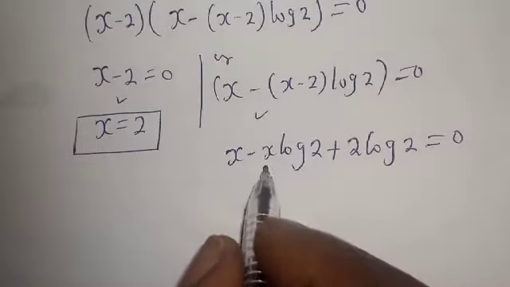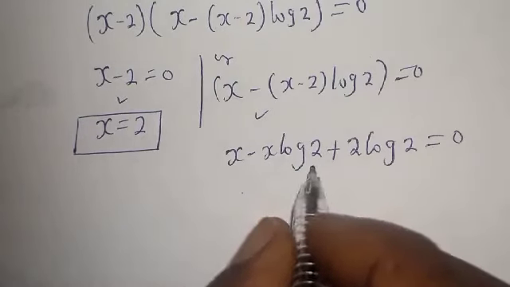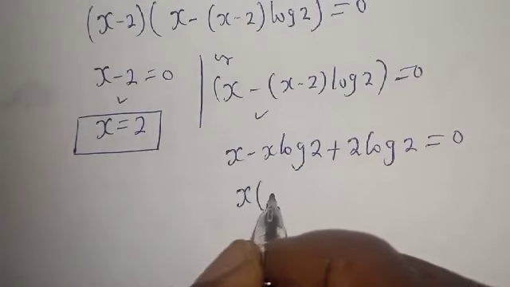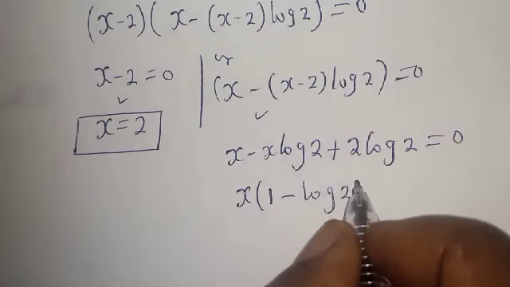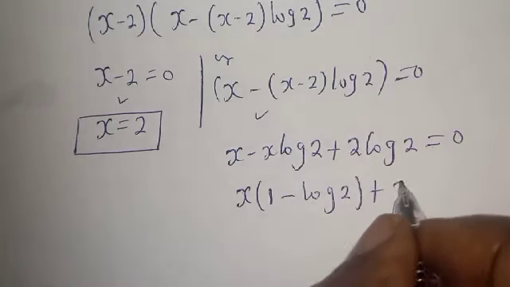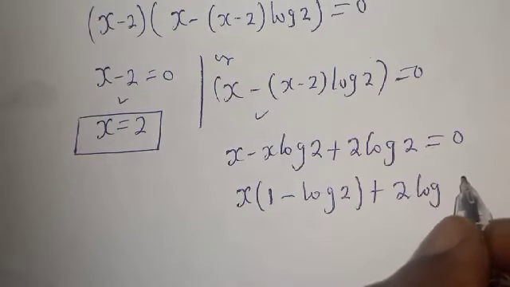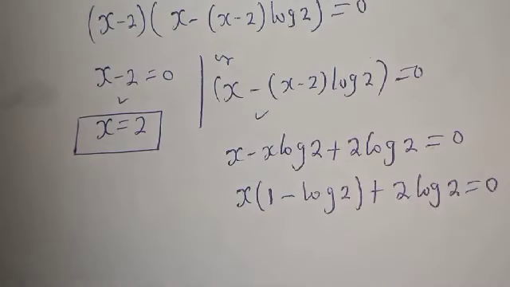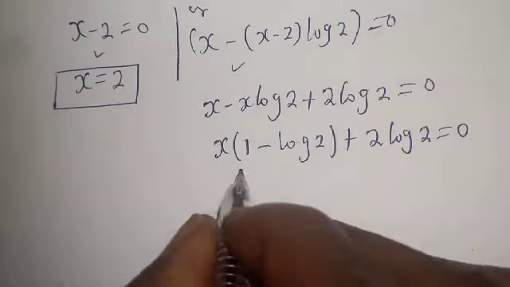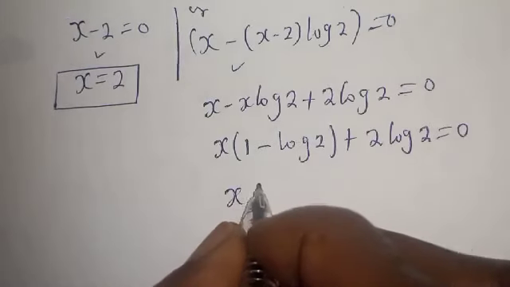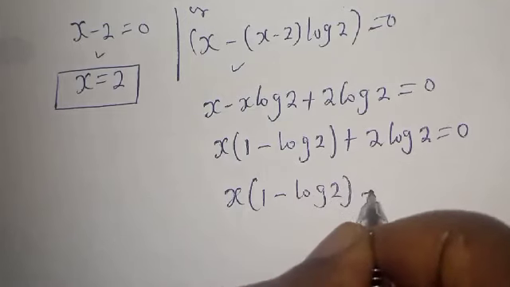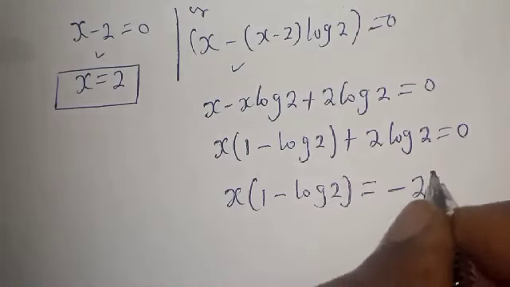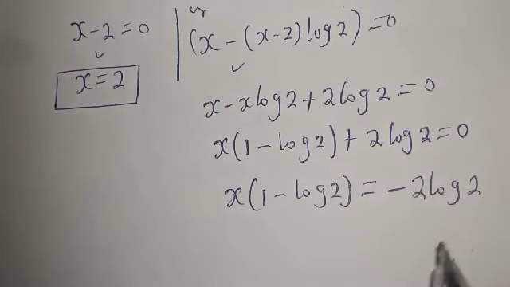Now let's factor x out. x bracket 1 minus log 2 plus 2 log 2 is equal to 0. Now let's see. x bracket 1 minus log 2 is equal to minus 2 log 2.